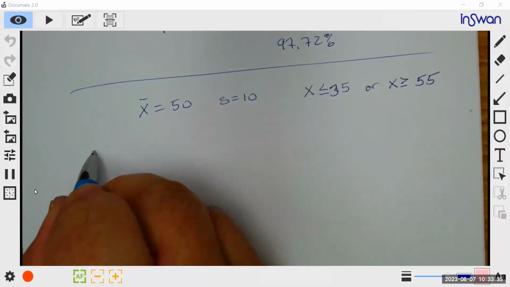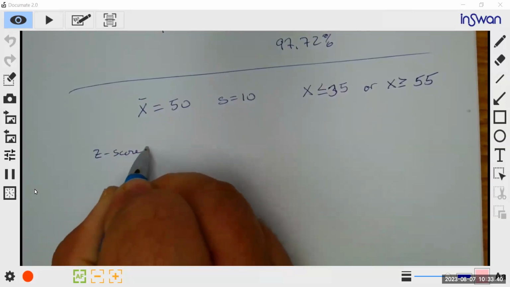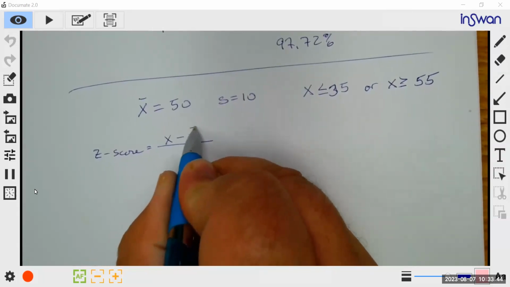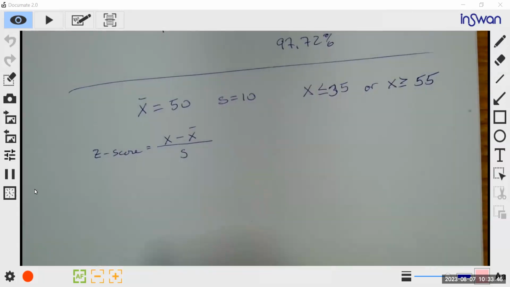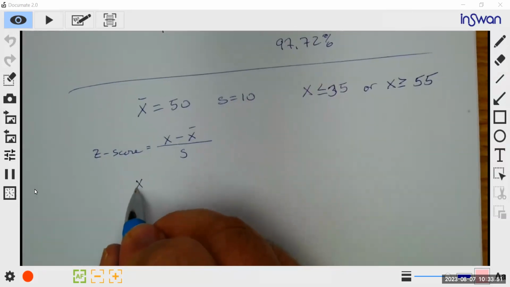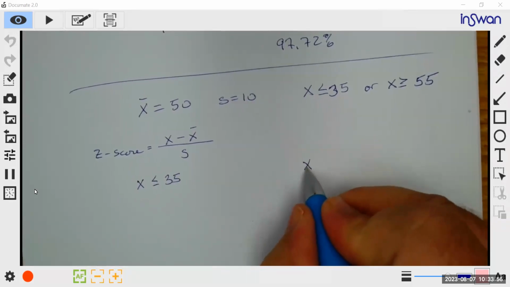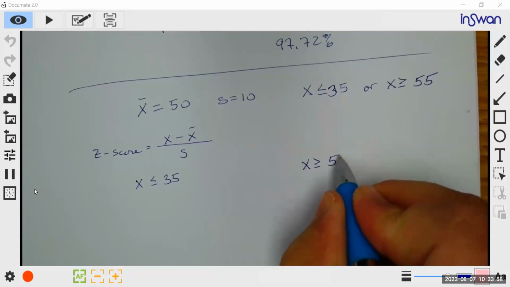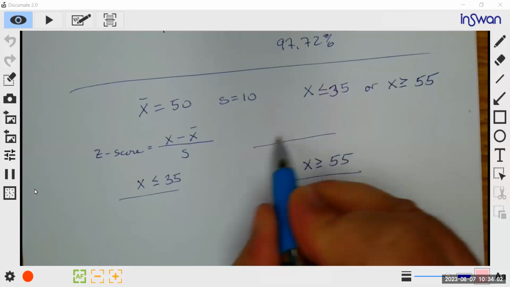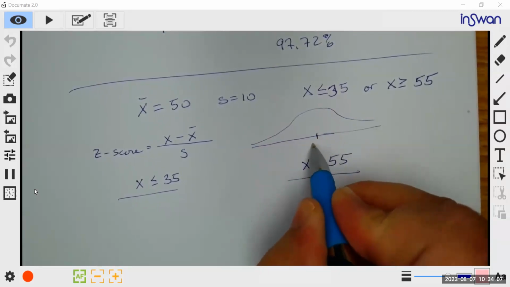So first we have to find the z-score. This is for X less than or equal to 35, or X greater than or equal to 55. Because if we draw a picture, it'll give us a better idea of what we're looking for. Here's our mean, which is 50.